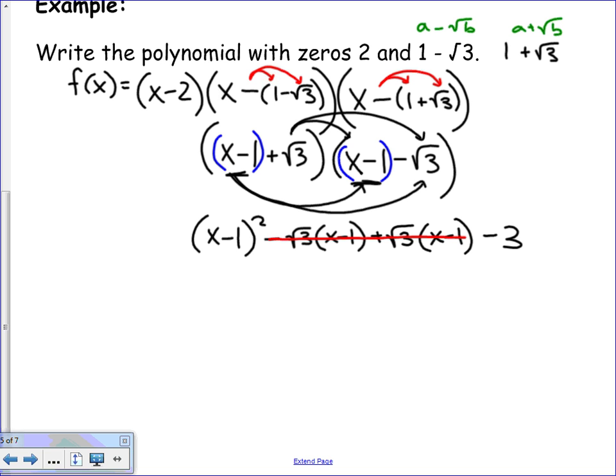Now, expand this. What do I mean when I say expand? Not distribute the x, or the squared. Write it as x minus 1 times x minus 1 and FOIL it out, right? Okay, it is not x squared plus 1 or x squared minus 1 or anything crazy like that. It's x squared minus 2x plus 1.